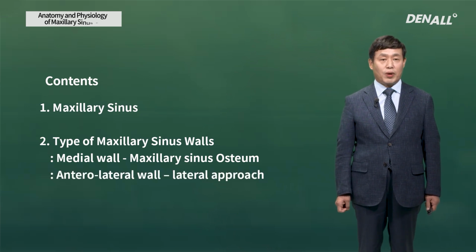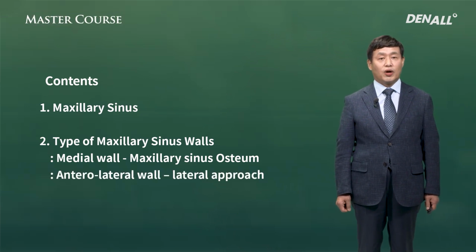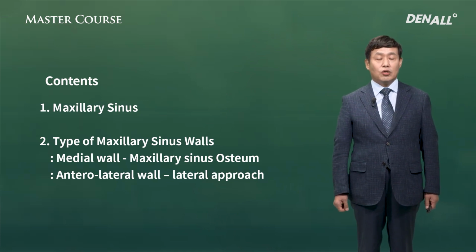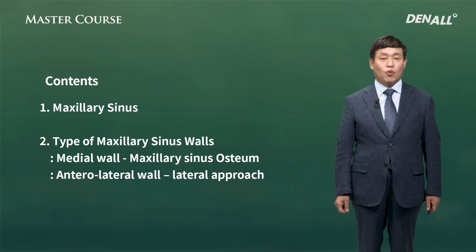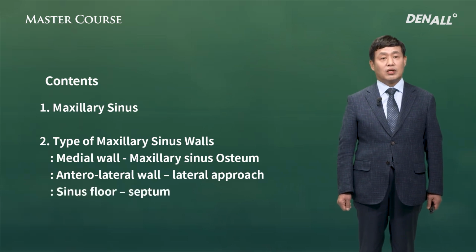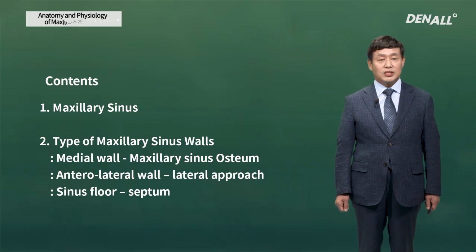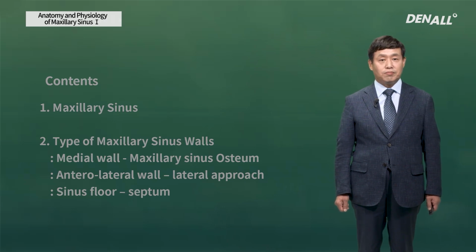And the lateral wall, anterolateral wall, you need to check CT images in terms of the thickness of the lateral wall for ease of surgery. Inferior wall. If you have a septum in the sinus floor, you need to identify the location and the shape of the septum. That will help the surgery.